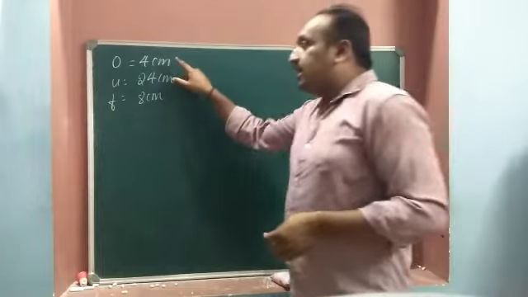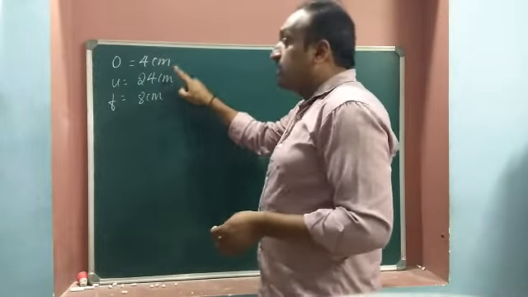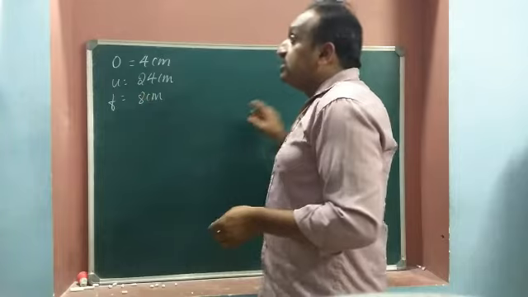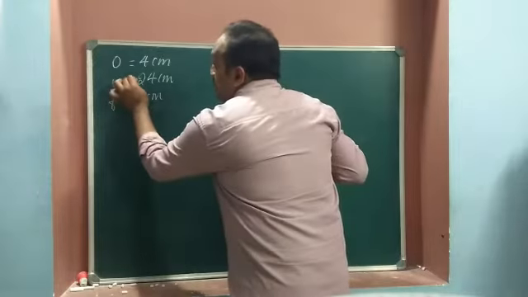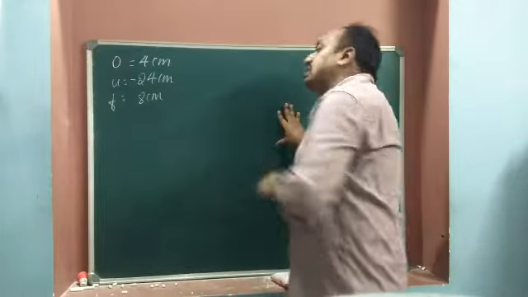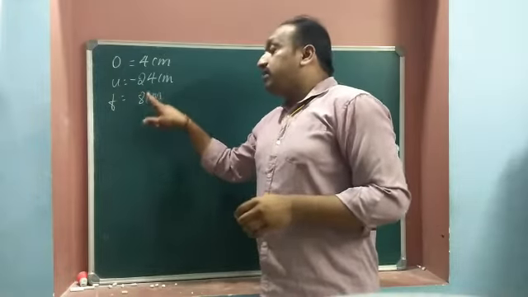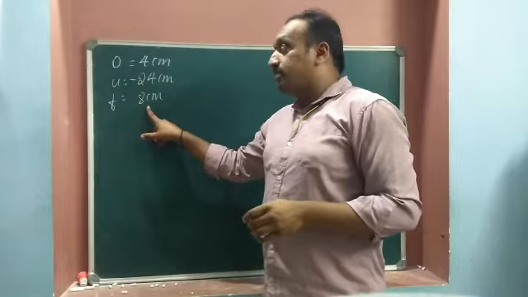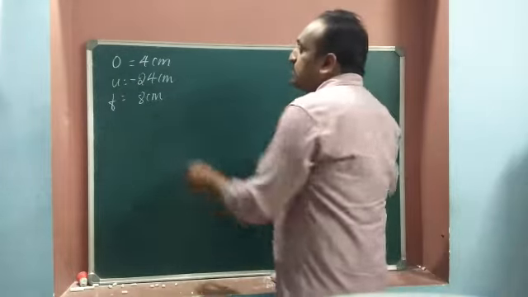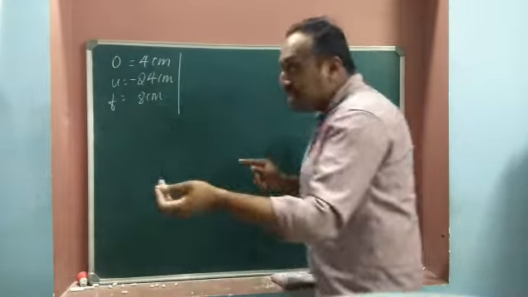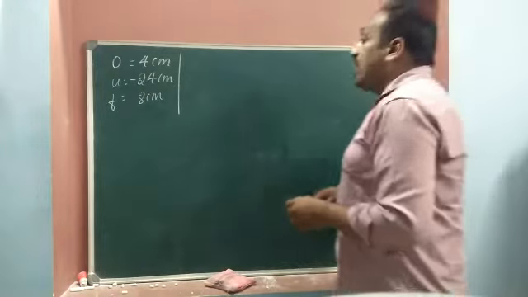Object height is always positive, but the distance should be negative, so it is minus 24 centimeter. And focal length of a convex lens is always positive. First we need to find the value of V.